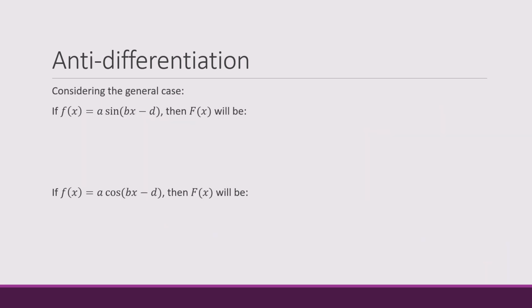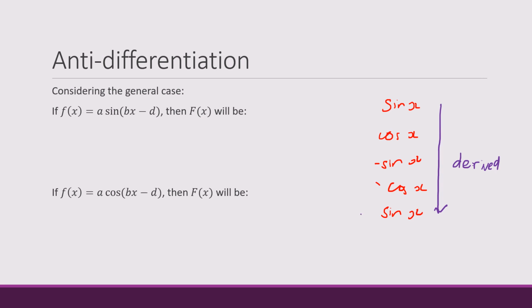Before we consider our general cases, let's go back to our table. When we differentiate we go down the list; if we are anti-differentiating, we go up the list instead of down.